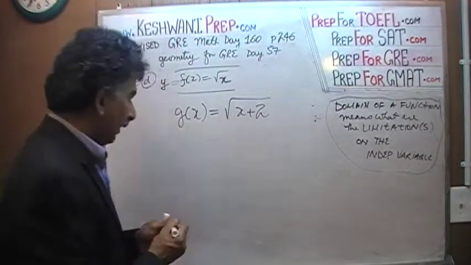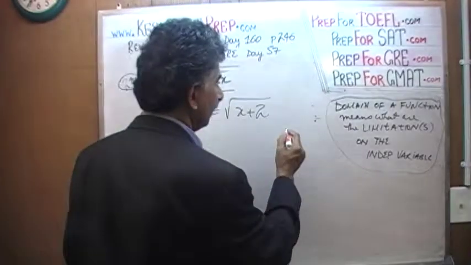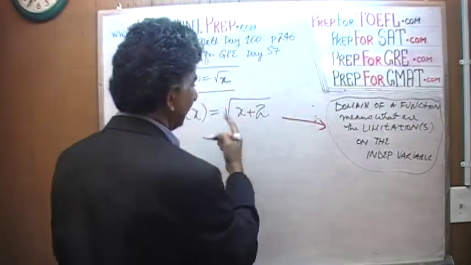So now when we talk about the domain of this function, we're asking the same question. What are the limitations on the independent variable?